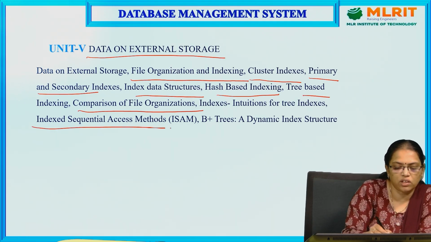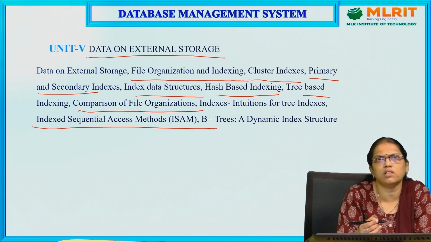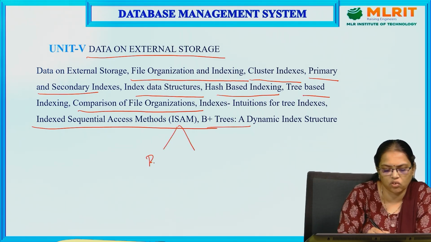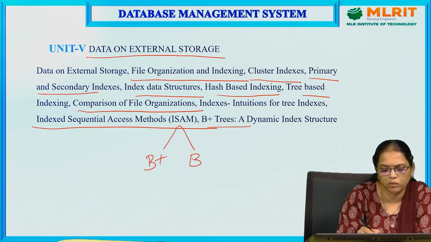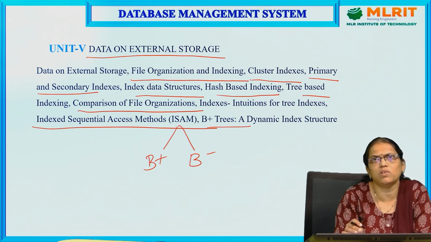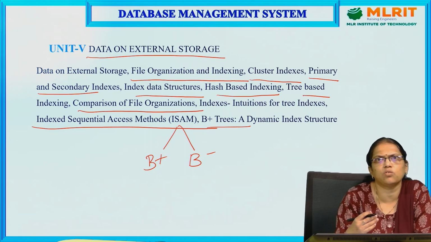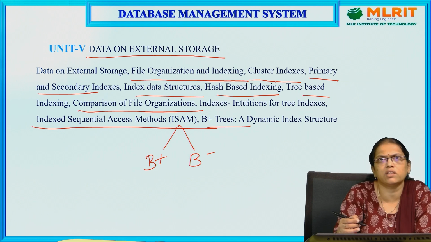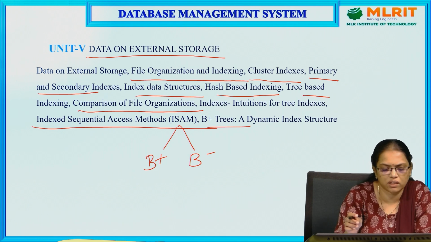In this unit, this is very important: the indexed sequential access method. You will have different types of trees called B plus trees and also B minus trees, which we will discuss in detail in the syllabus. But in the fifth unit, we will only concentrate on how the files are stored on external storage, what the different types of indexing are, and how we compare this indexing using the indexed sequential access method.